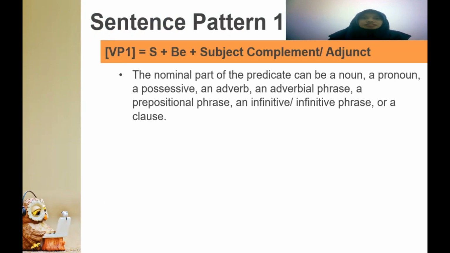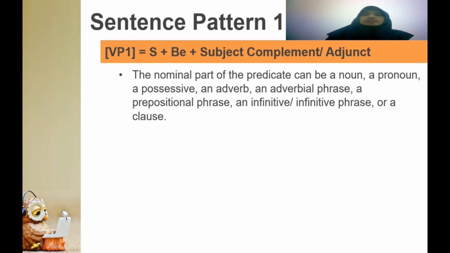Well, the first is sentence pattern 1. So for sentence pattern 1, here we deal with the verb pattern 1, because actually when we talk about the sentence pattern, the main focus is on the verb pattern. So verb pattern 1, this is the formula: subject and then be or be verb, and then subject complement or adjunct.